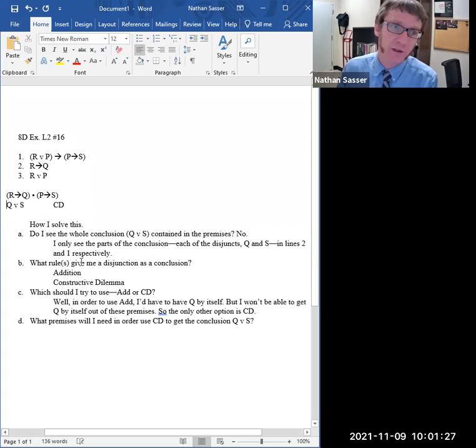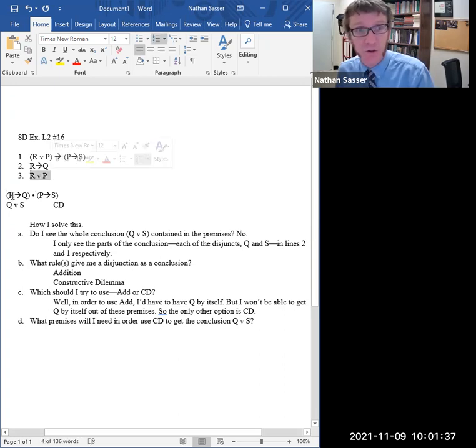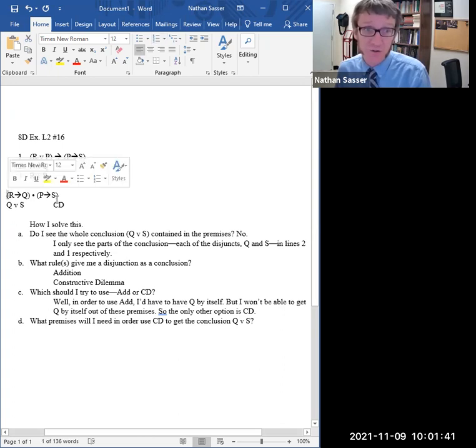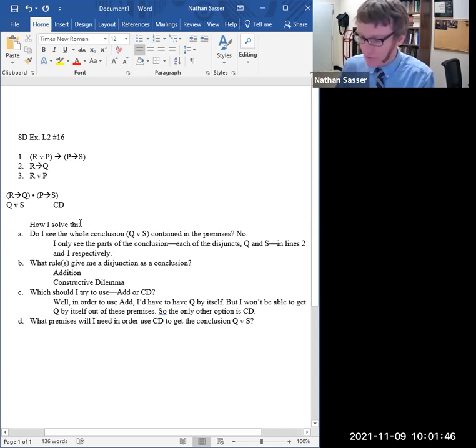That's the one you're going to need: if R then Q and if P then S. You've already got the other premise you need, because in premise 3, you've got a disjunction of the two antecedents. So if you've got premise 3, and then if you can prove this one, you're good.